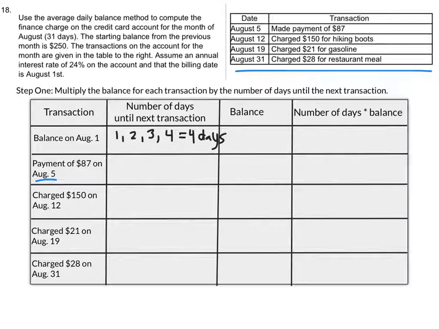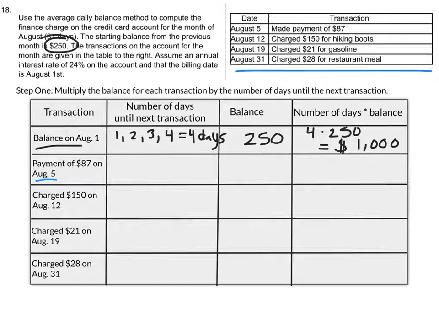Since this is the first row, I'm going to have my starting balance, which is $250. That was the balance that was carried over from the previous month. So I'll just write $250 in this block. Now I'm going to multiply the number of days, which is 4, times $250, which is the balance. And I get a total of $1,000.